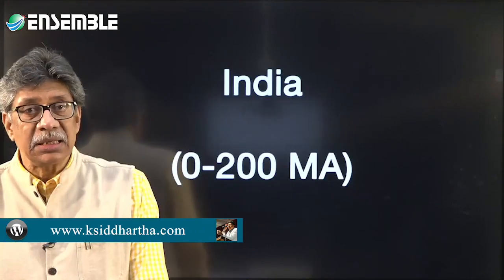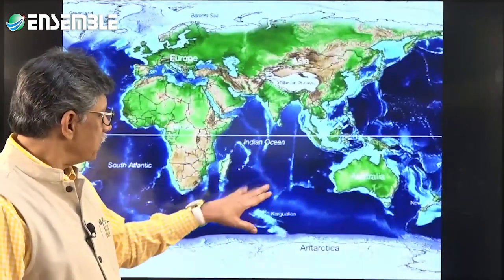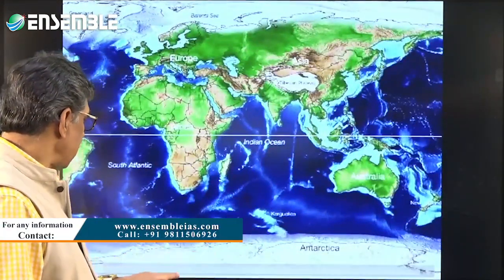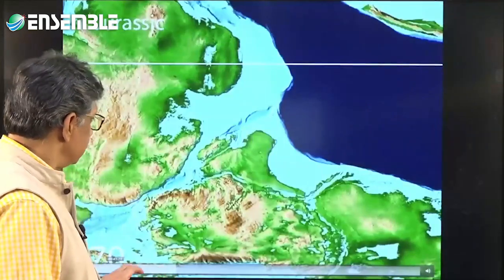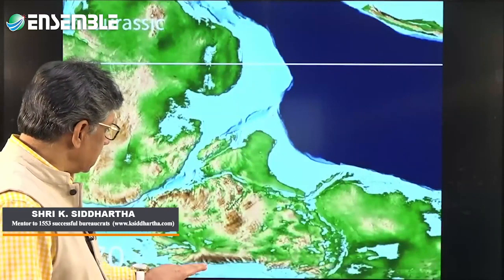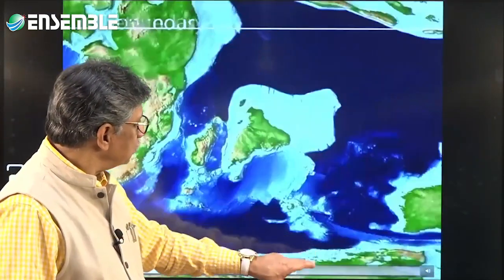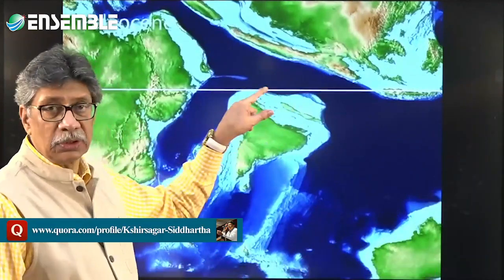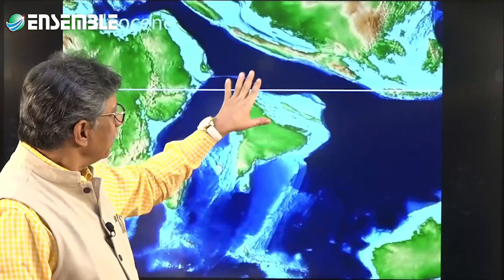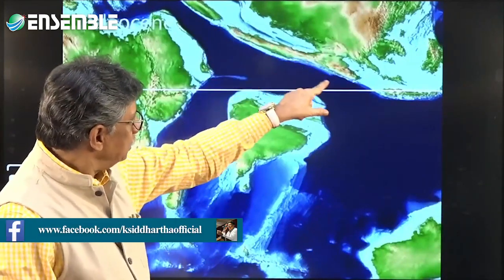So as India started moving northward, that is, northward movement has started taking place. We're going to take a look at this, the present personality of India, and its northward movement had taken place. This is how exactly India is going to be moving northward, moving further northward, moving further northward. In the process it is going to be folding a good number of sediments that have been brought up in this place.